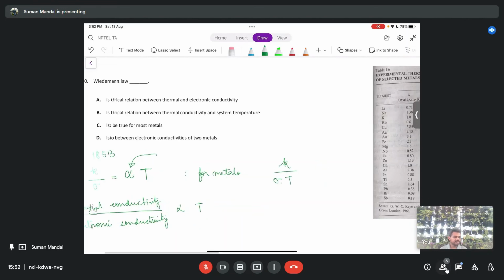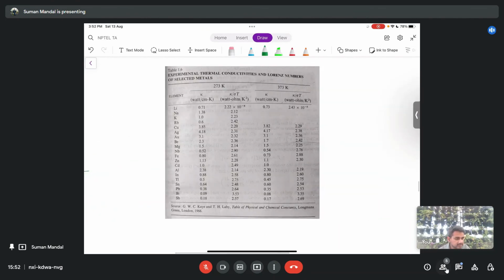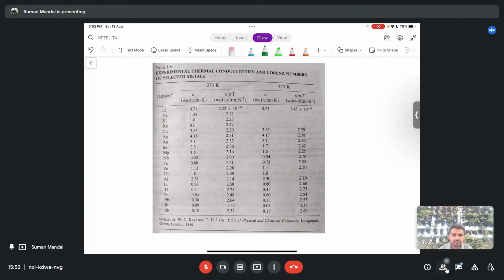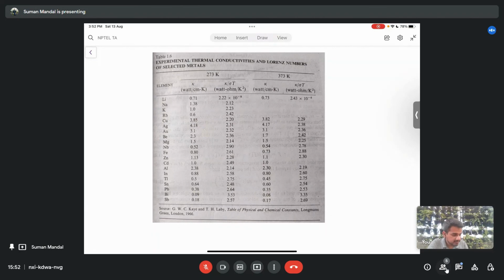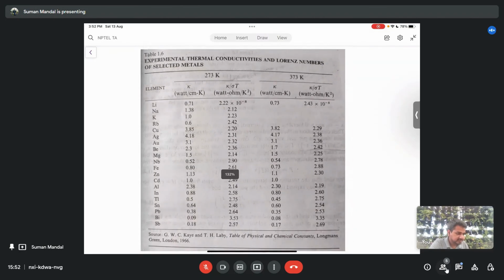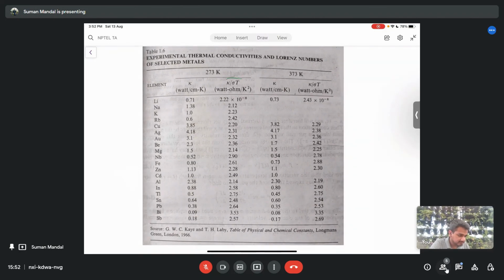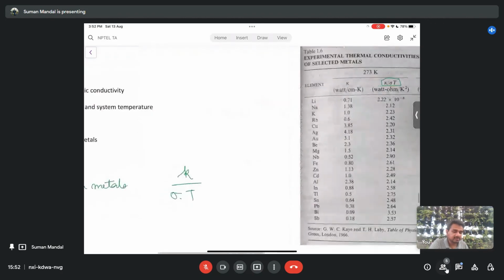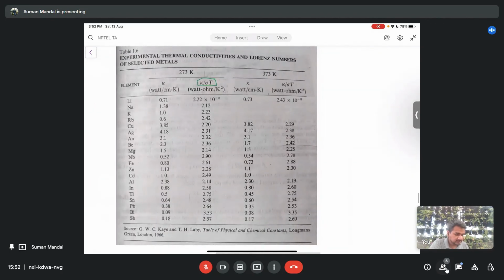And if you see here, this is the real data from a book called Ashcroft and Mermin. So if you look at this k by sigma T, this is what we have seen, given by the Wiedemann-Franz law. It is more or less the same value for all metals.